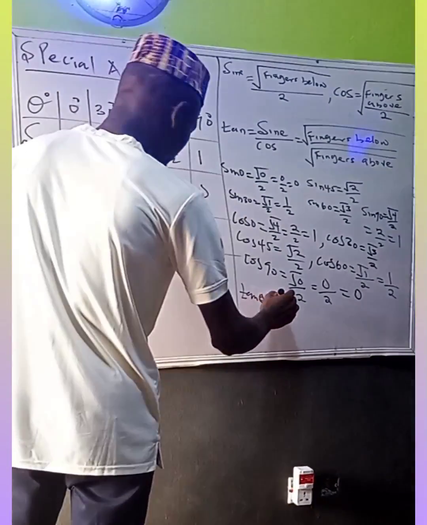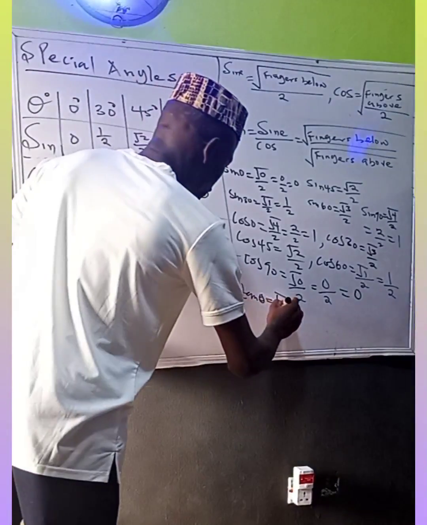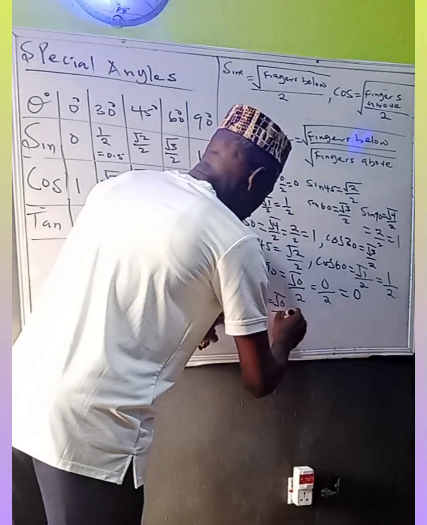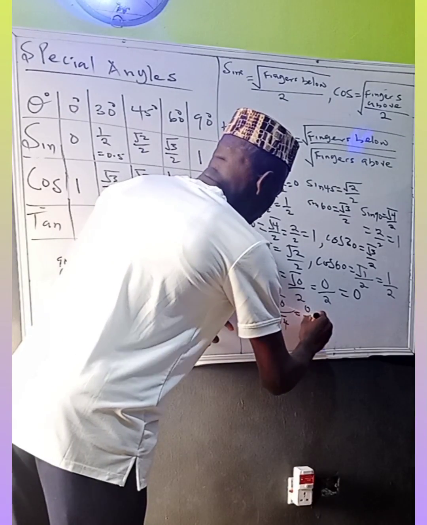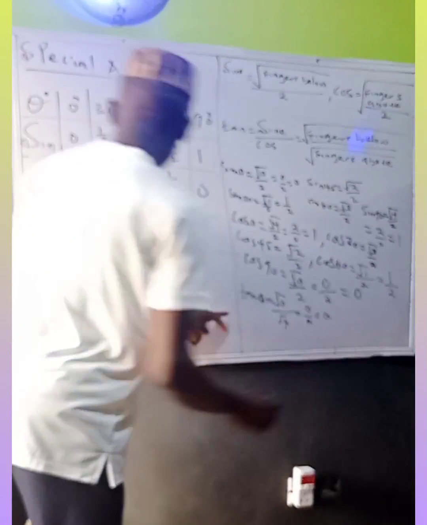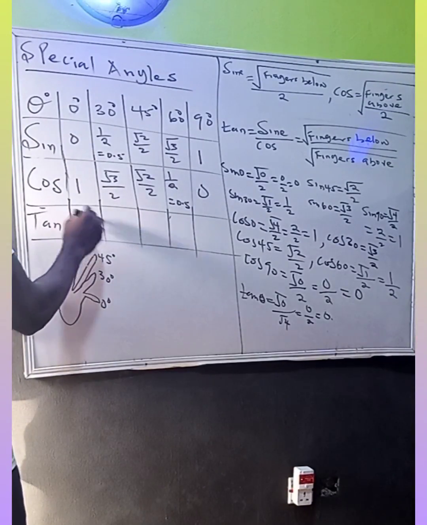There is no finger below 0. I have 0, divided by, how many fingers do I have above 0? I have 4 fingers. So the answer is 0 divided by 2, and the answer is 0. So tan 0 is 0.